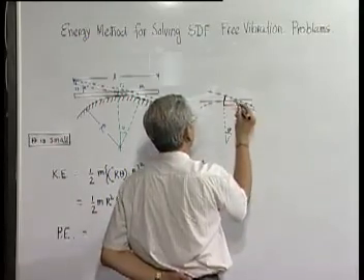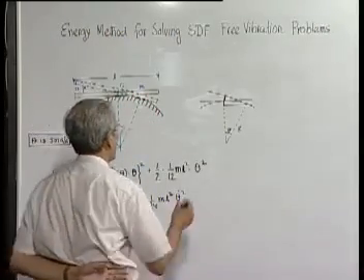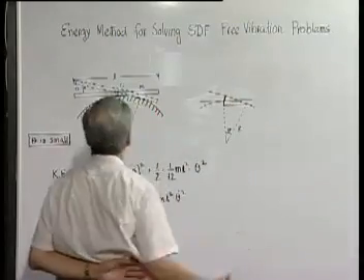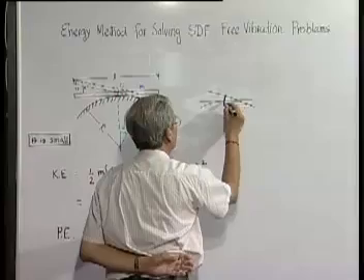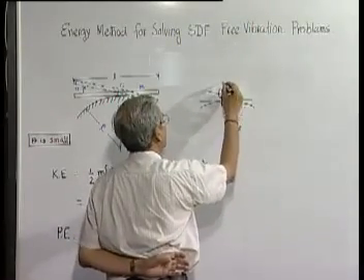This much, we know, is equal to r, this length, into theta. Minus, you have to subtract this much.